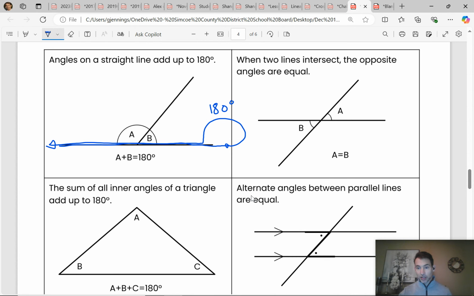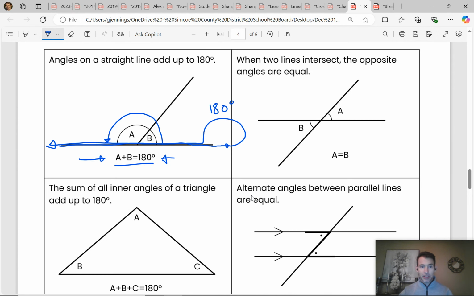You can think about it like if you're a skier or a snowboarder, if you hop up and turn so that your tips are now pointed up the hill, that's a 180. So if you have two angles that together make a straight line, then this equation is true. They add together to make 180.